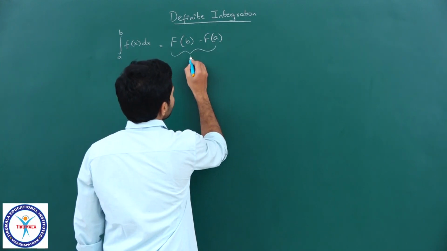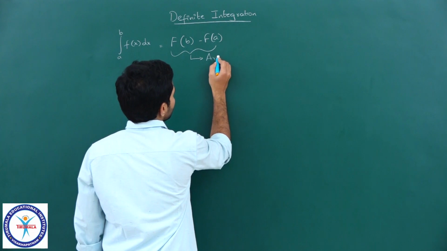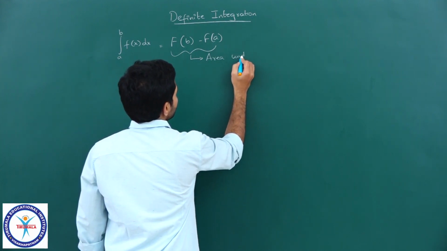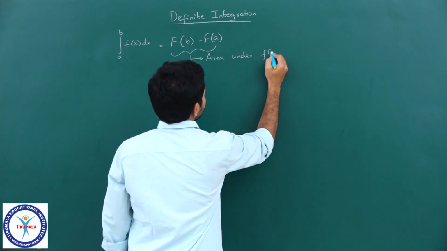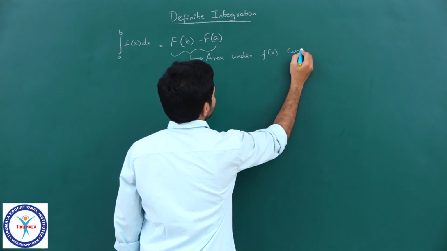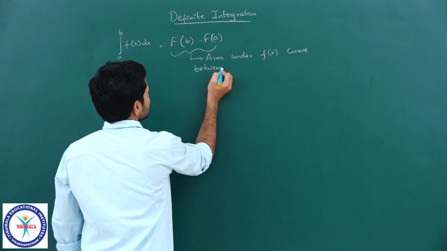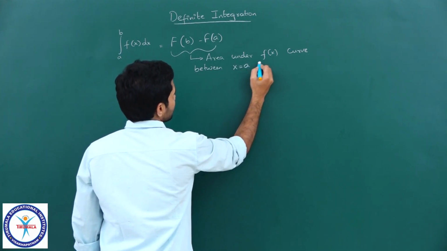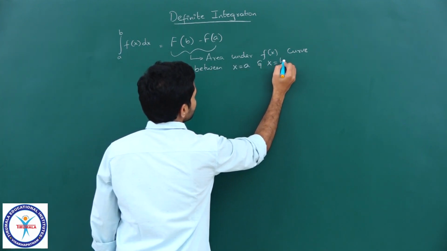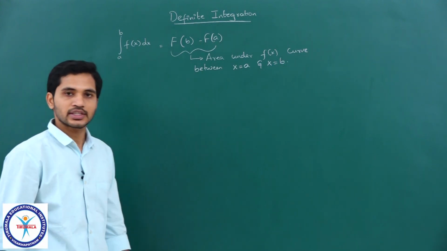And what does this give you? What does this imply? This implies the area under the f of x curve between x is equal to a and x is equal to b, right. So, that is what it means.